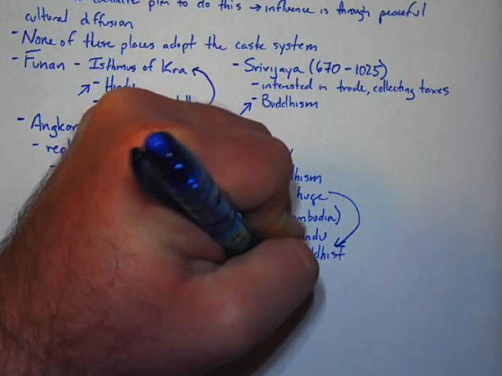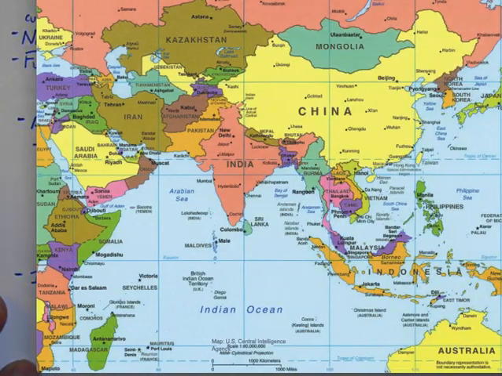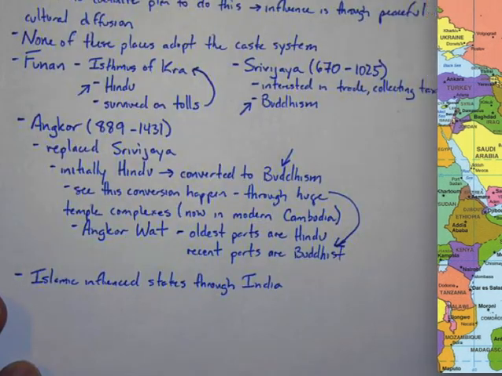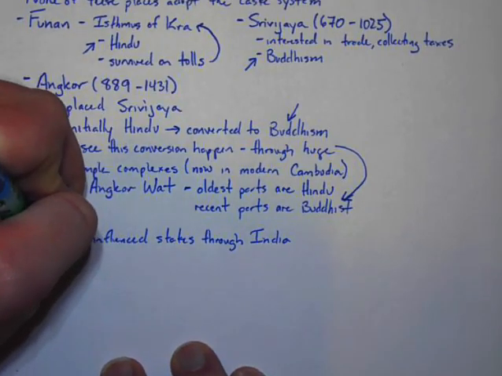And again, we're going to go to Southeast Asia one more time. And we're going to mention the people who live down here, which is kind of where modern Singapore is. And we're going to talk very briefly about the state of Malacca.